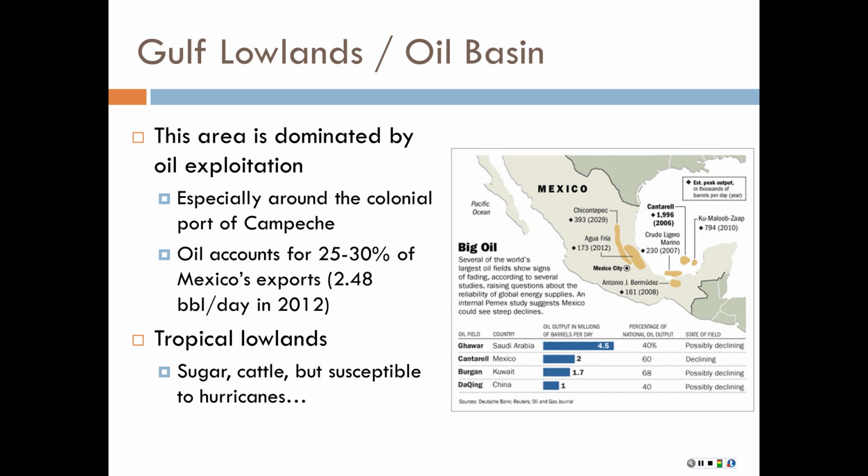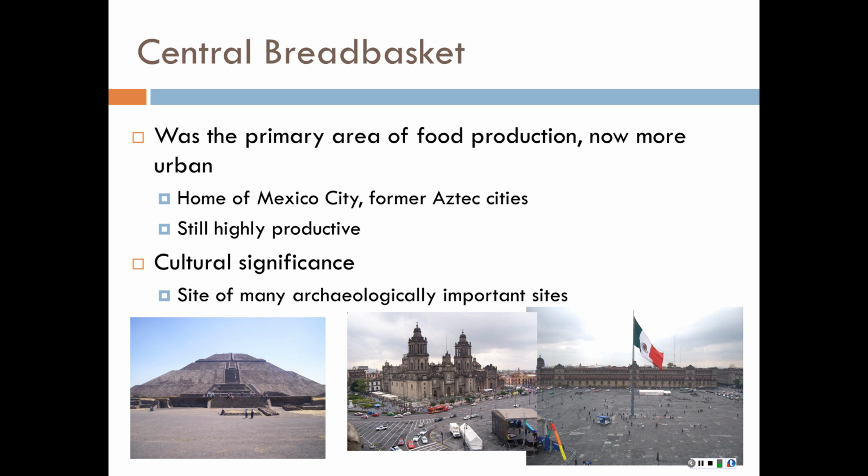And it's about 25 to 30% of Mexico's exports, which is pretty impressive given that Mexico exports a lot of production under NAFTA, right? So this area along the Gulf is dominated by oil production, but sugarcane production and cattle ranching are also pretty reliable here. But the area does have the natural hazard of hurricanes, which can be pretty severe here.